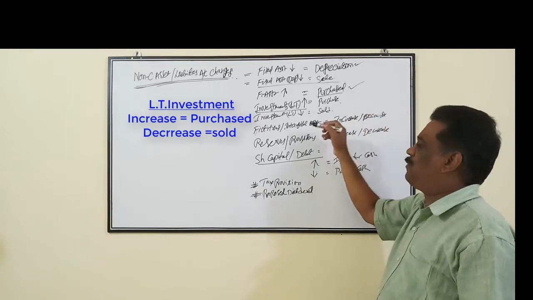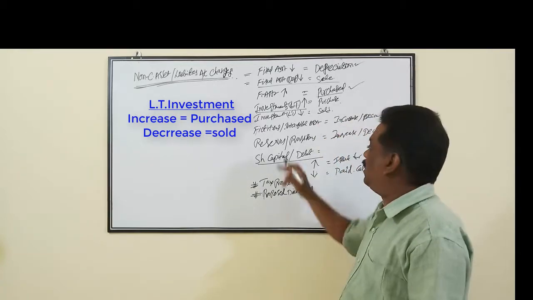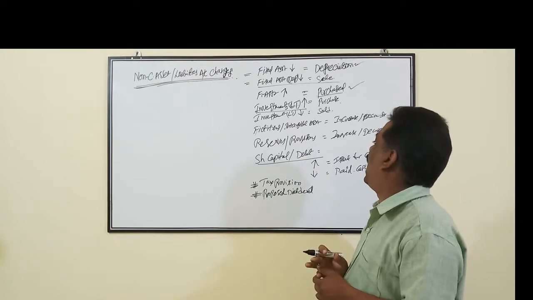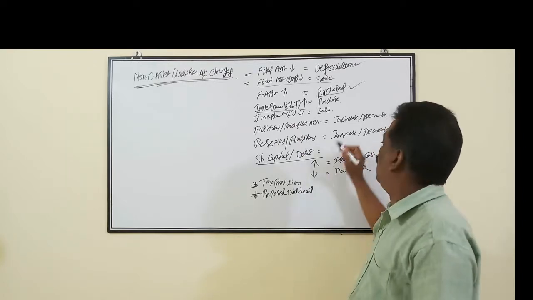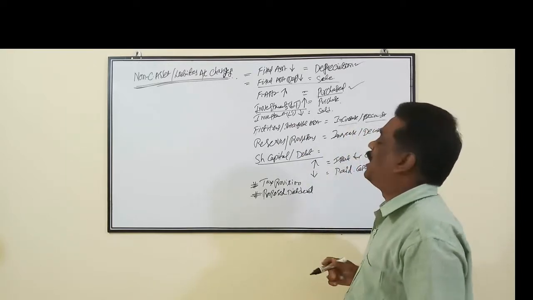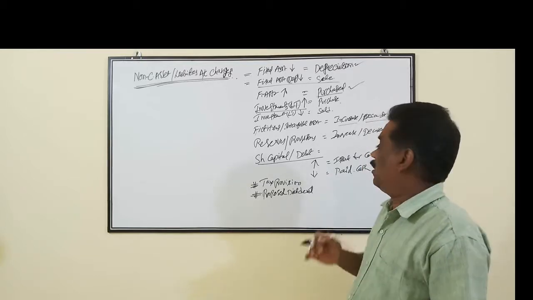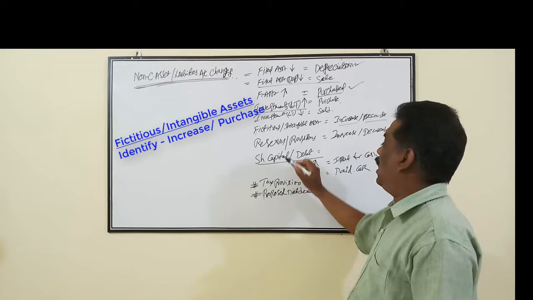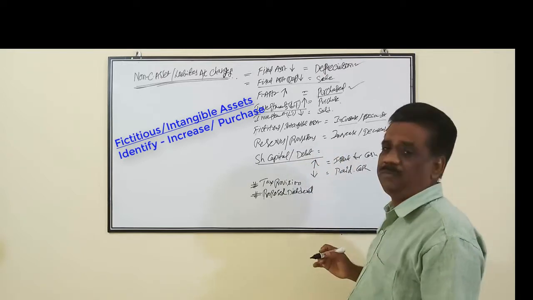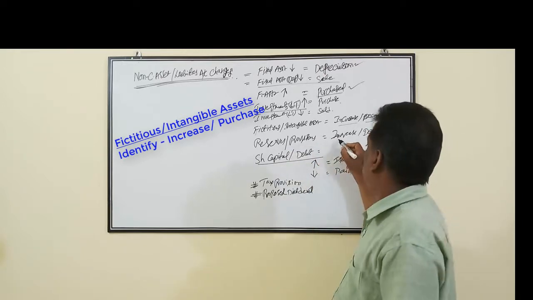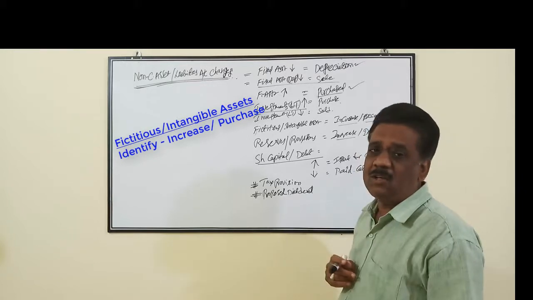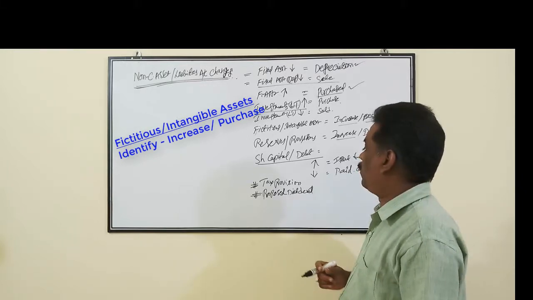Then, the leftover item under non-current assets is fictitious and intangible assets. There, one has to identify increase or decrease only. Then, on the liability side, reserves and provisions. There also, increase or decrease is to be identified.